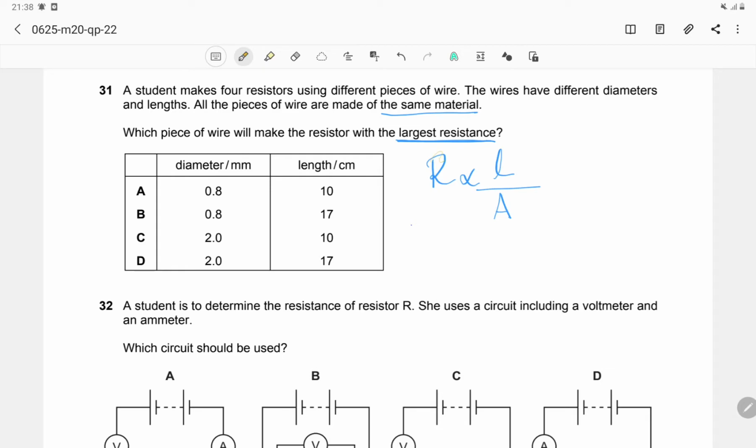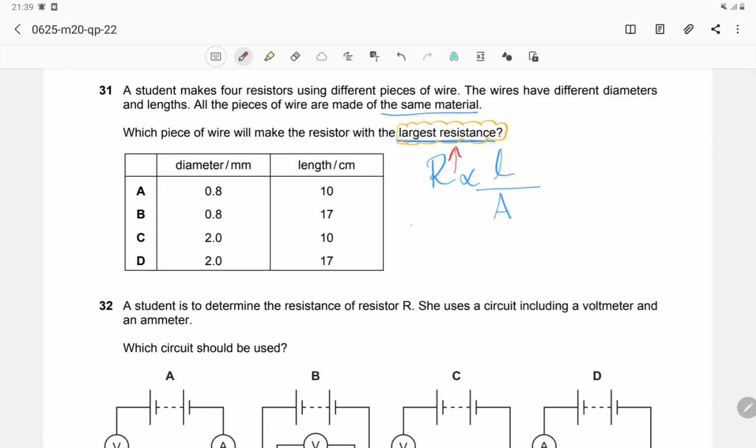And in this question, it asks you to find which resistor will have the largest resistance. So if the resistance is larger, what will happen to the length and area of cross section? Let's look at the relation again. Here, you need to get a larger resistance.